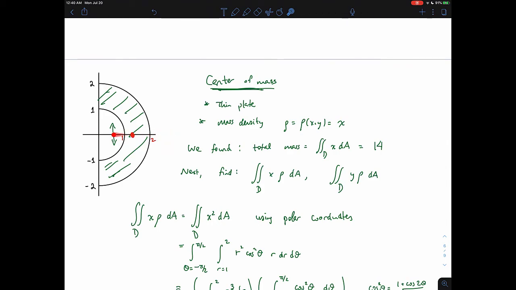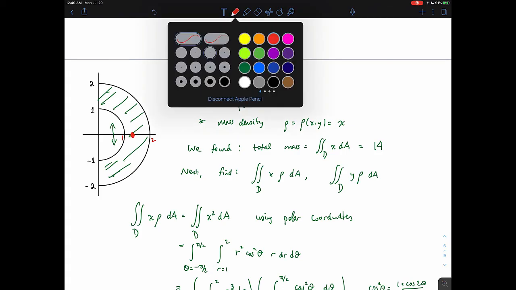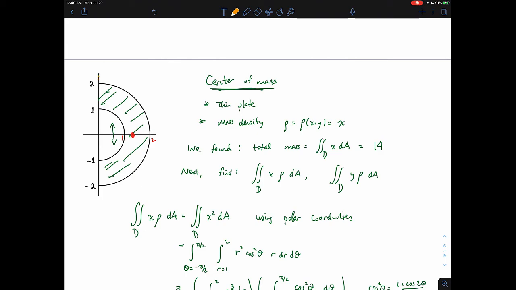It makes sense that it's on the symmetry line, that it's balanced between the upper and lower parts, and it makes sense that it's to the right of the geometrical center line, given that this shape goes from x equals 0 over to x equals 2.